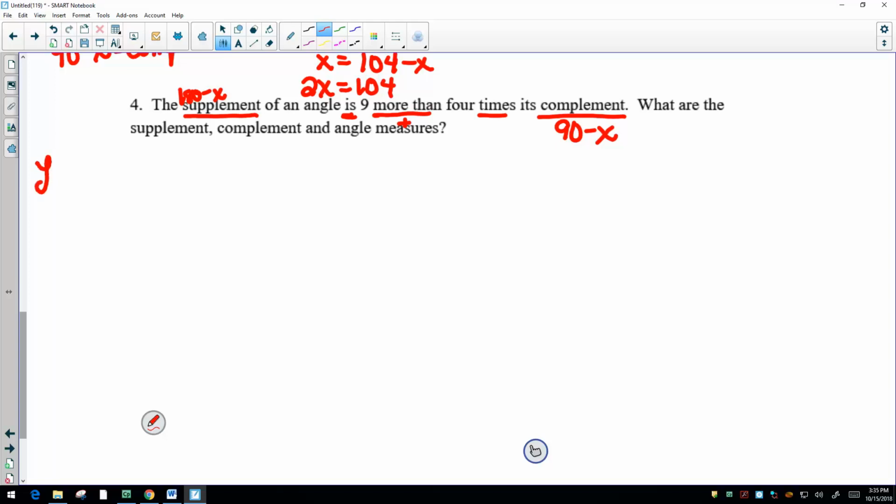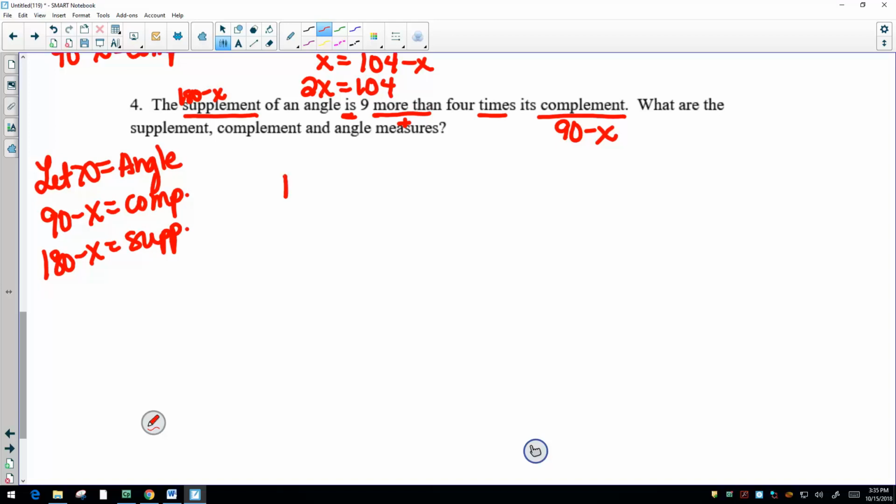So again, keep in mind, X is going to be your angle. We know 90 minus X is your complement, and we know 180 minus X is your supplement.